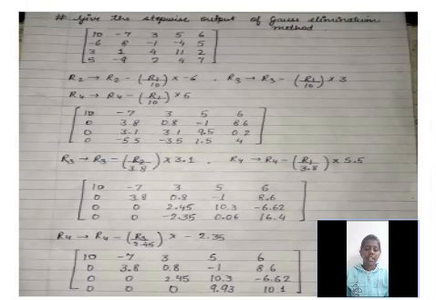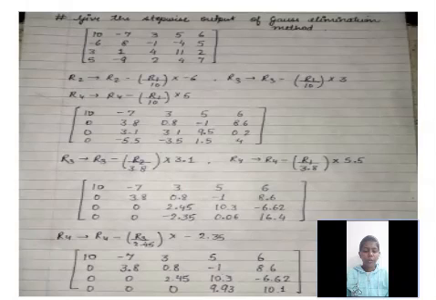For the first step we will apply the transformation for R2, which is R2 minus R1 upon 10 into -6. For R3, the transformation will be R3 minus R1 upon 10 into 3.